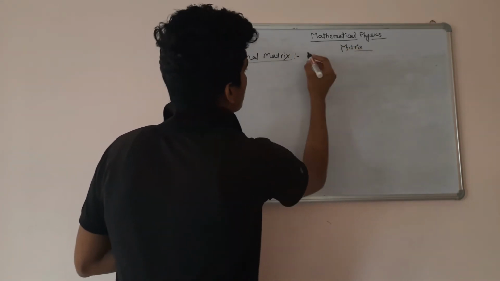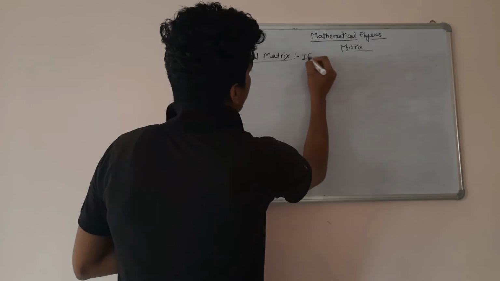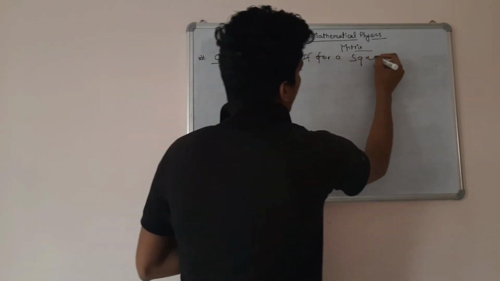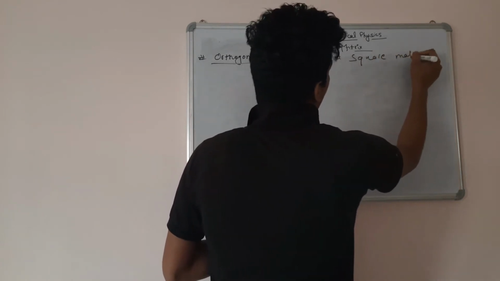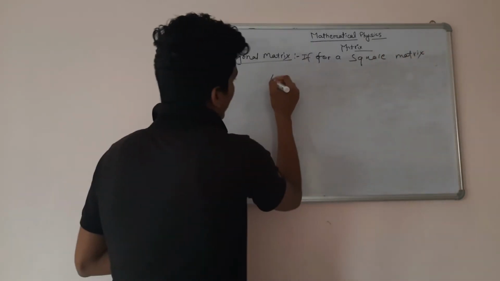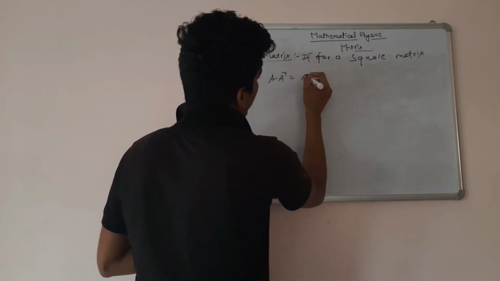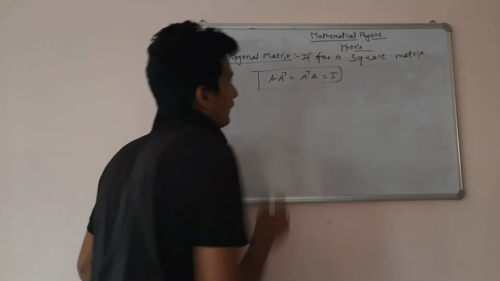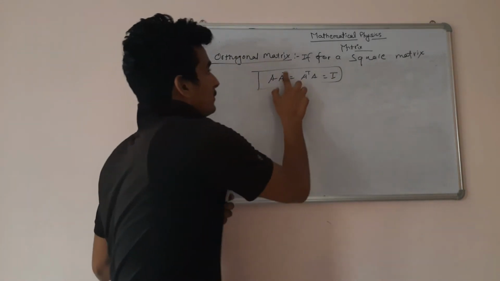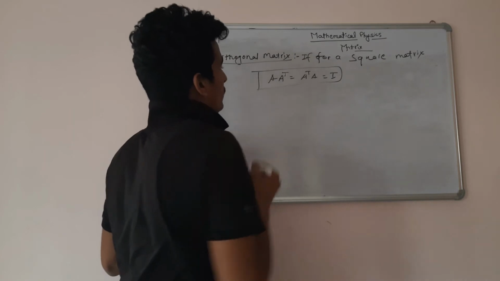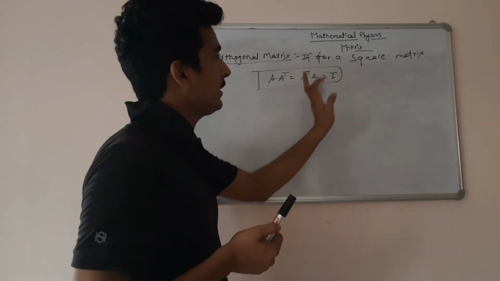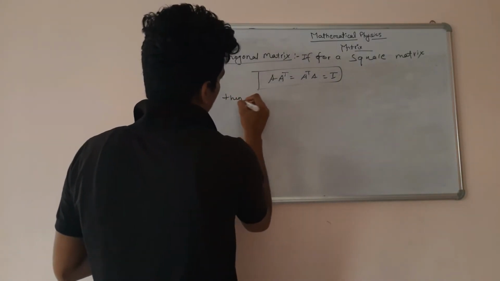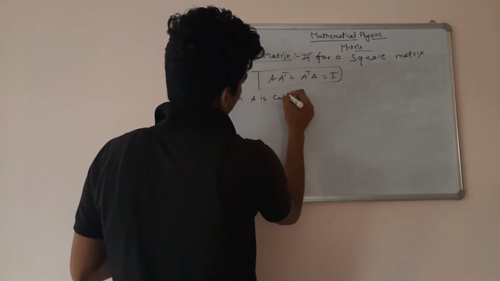Note that for a square matrix A, if A A transpose equals A transpose A equals the identity matrix, then A is called an orthogonal matrix.